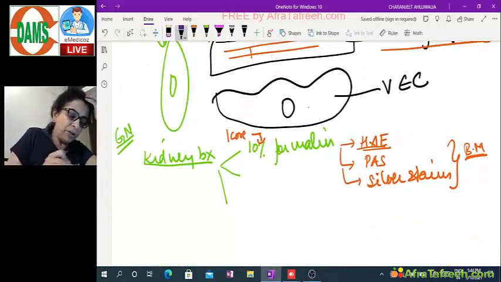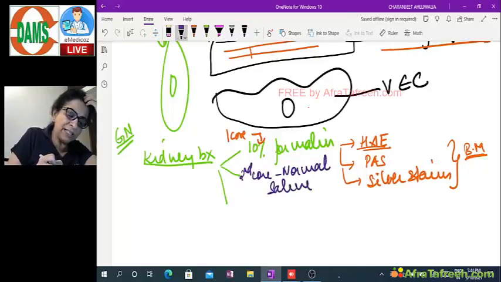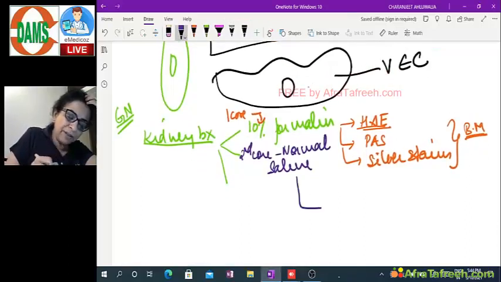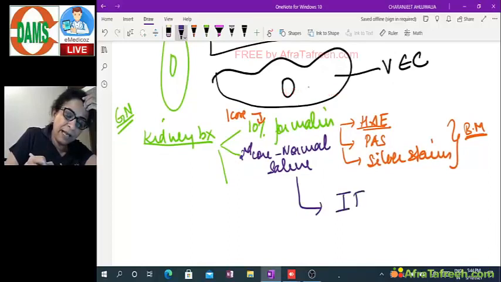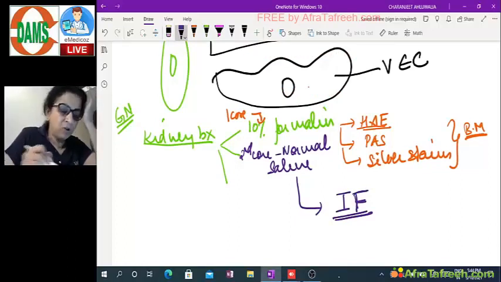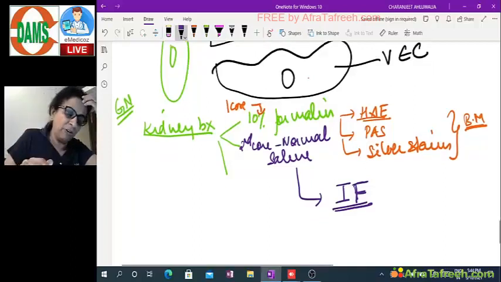Second, now what do you see? Second core you tell them to put in normal saline. You tell them to put in normal saline and send it to you, and this we will examine, we will put up immunofluorescence staining and we will see it under immunofluorescence microscope. So we will perform immunofluorescence on this. So I will tell you the reason why we perform immunofluorescence also.